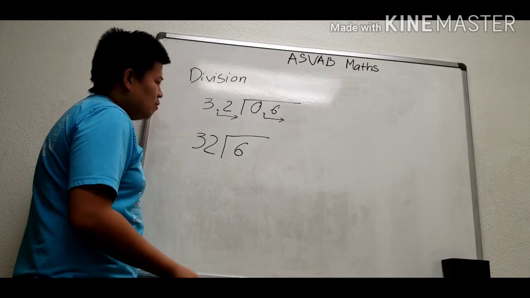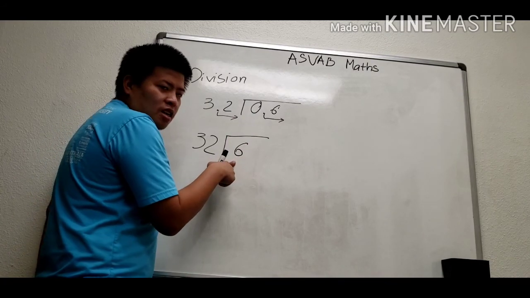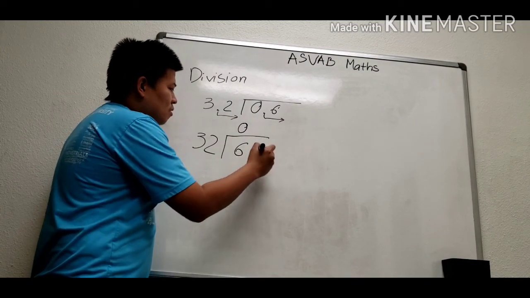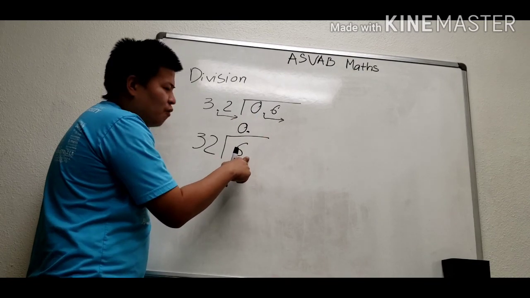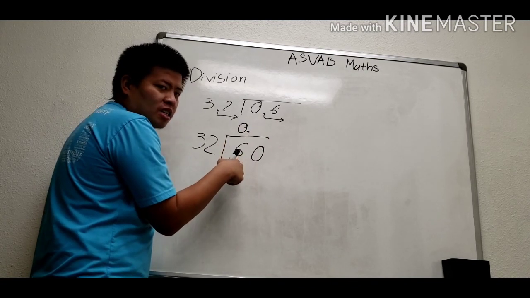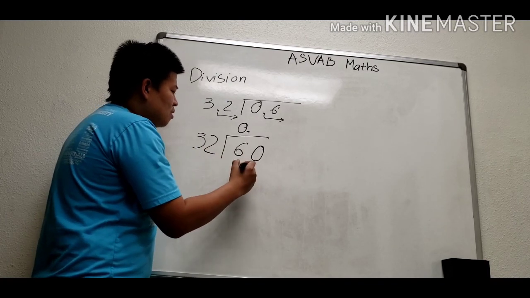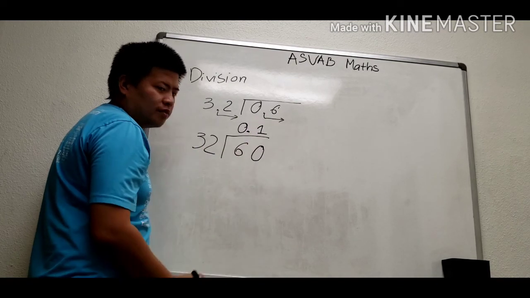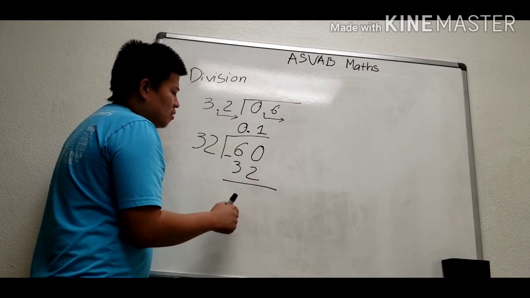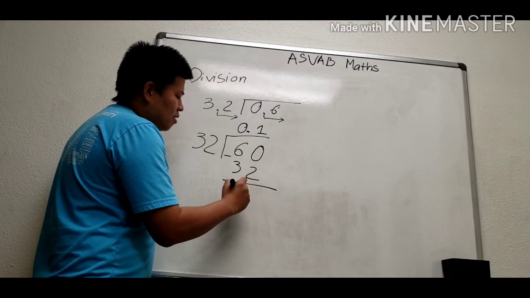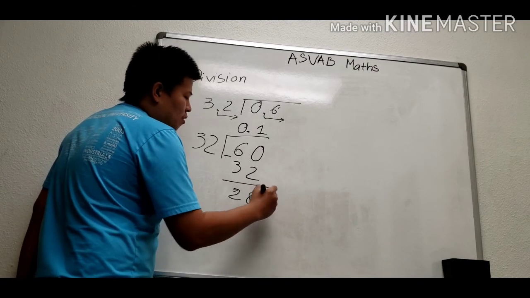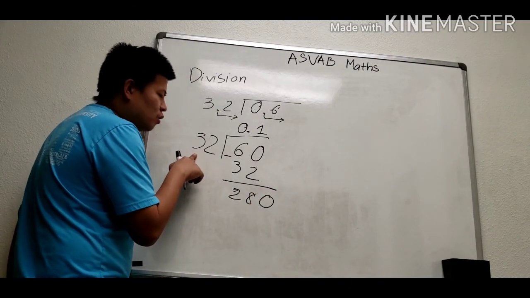Let's do this one, because 6 is smaller than 3, we put 0 in here. Then we can get about 6, 32, so we have 5 in here. We have 32 minus, that's about 2, 8. With 28 we have another 0 because 28 is smaller than 32.